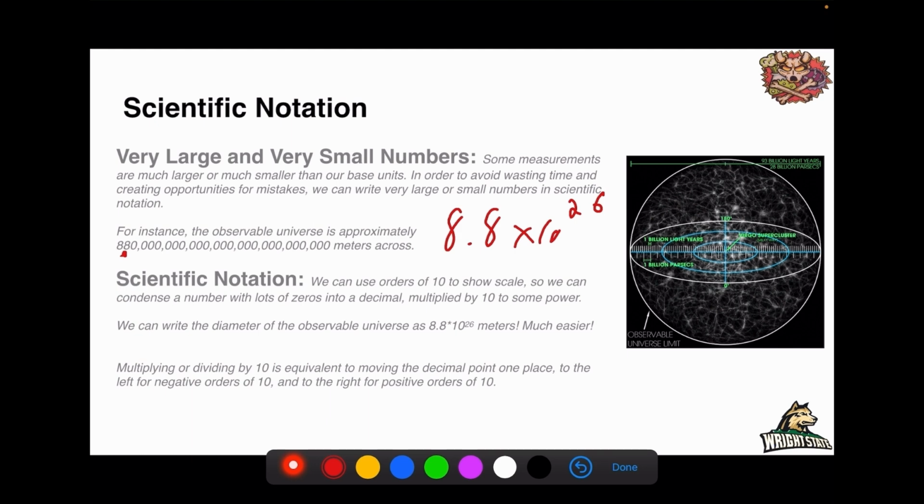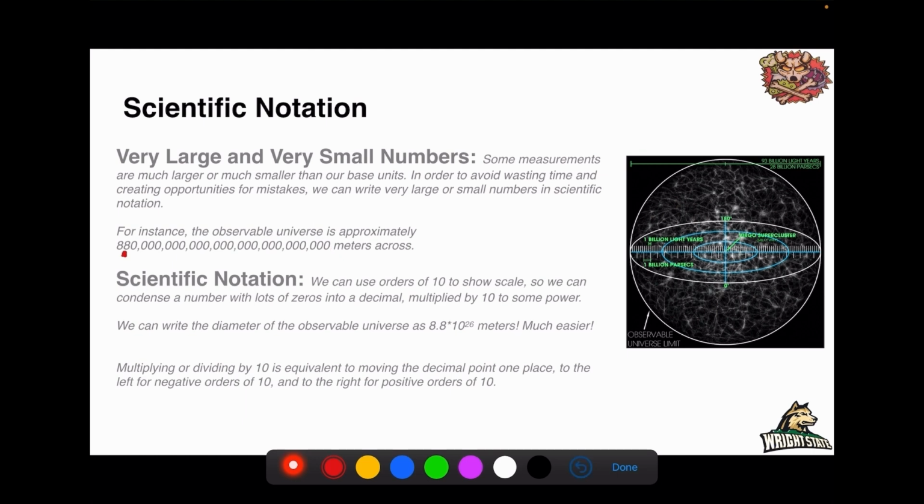The shorthand for this also is moving your decimal point. So if I want to write this in scientific notation, I would move my decimal point over until it reaches between my two eights here. Normally, I would move this over 1, 2, 3, 4, 5, 6, 7, 8, 9, 10, 11, 12, 13, 14, 15, 16, 17, 18, 19, 20, 21, 22, 23, 24, 25, 26.